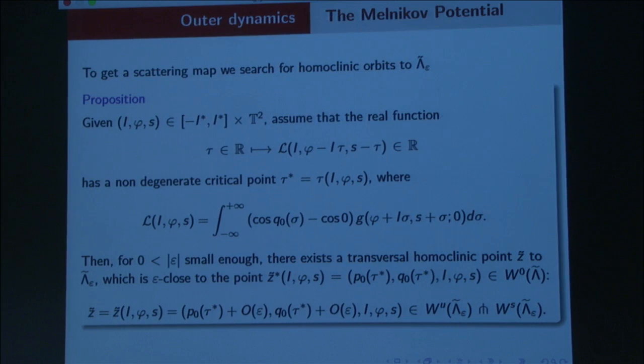In this case it has an explicit form that is simply like the motion along the separatrix. There was a separatrix that I will say something about in the next slide, minus the motion on the lambda tilde. But anyway, it has exactly this formula, and I will tell you something about this in a moment.